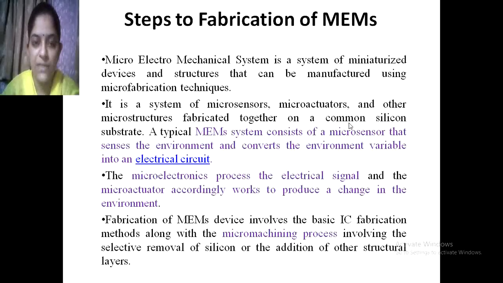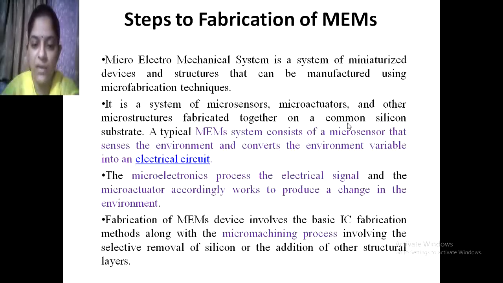In MEMS, the environmental variables are converted into electrical signals, and according to that decisions are taken and the MEMS device or system will work.